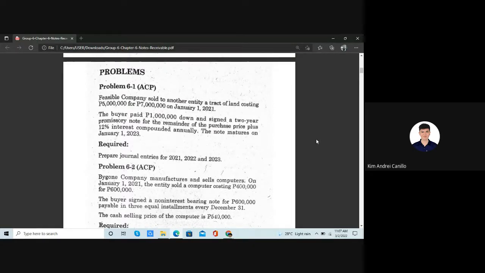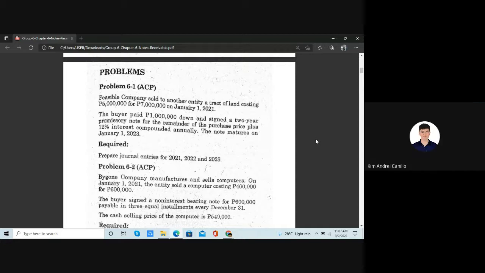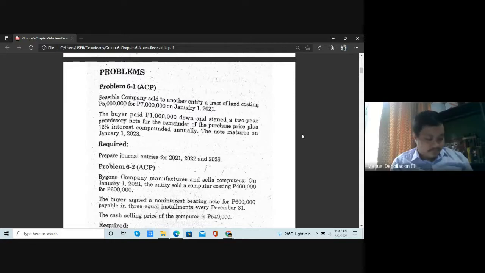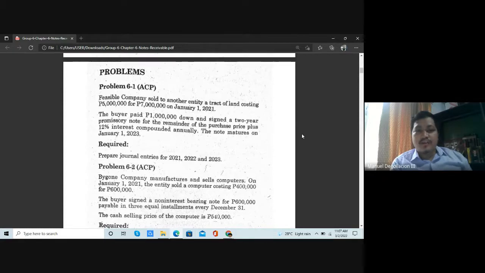Sir, what transaction is that about? The sale of the land, sir. And it was paid in what manner? What do you mean, sir? We sold our land. How did the buyer pay for it?